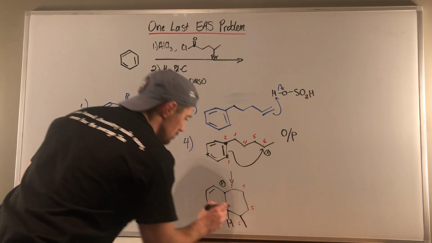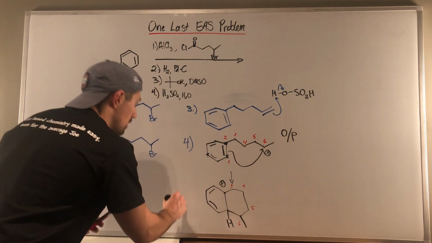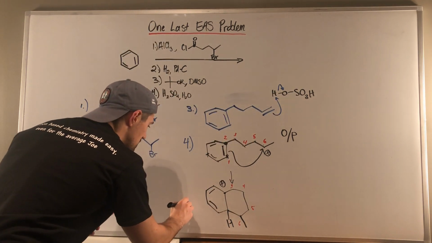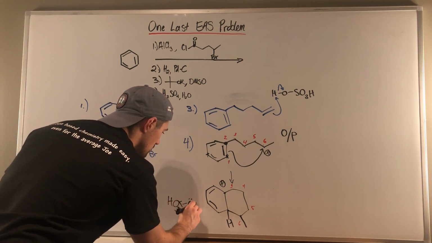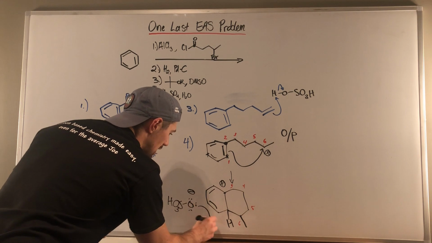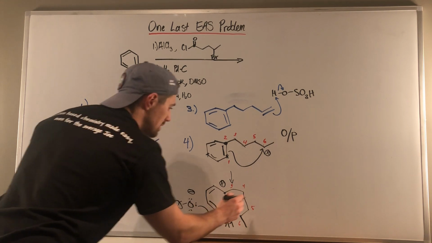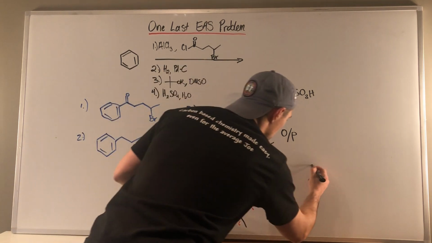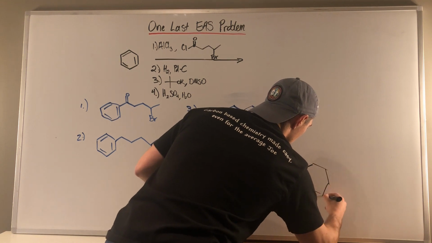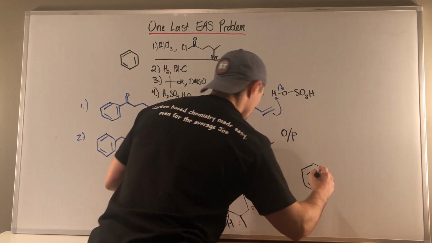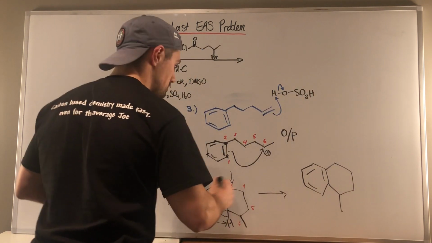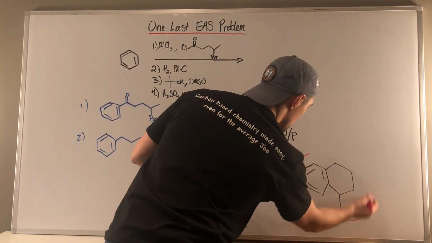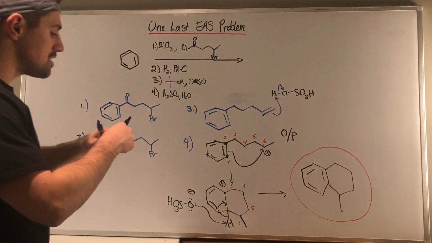So if I have a hydrogen right there, I can have the conjugate base come back in, do the deprotonation, and regain my aromaticity. So our final answer here is this.